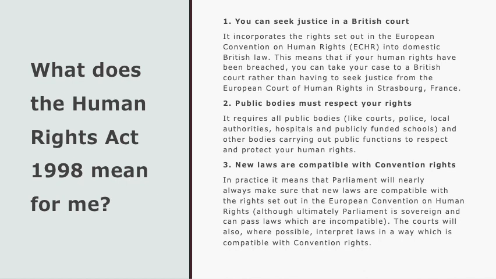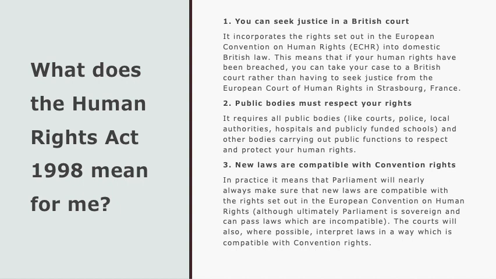The Human Rights Act requires that all public bodies like courts, police, local authorities, hospitals and publicly funded schools and other bodies carrying out public functions to respect and protect your human rights. It also means new laws are compatible with convention rights.